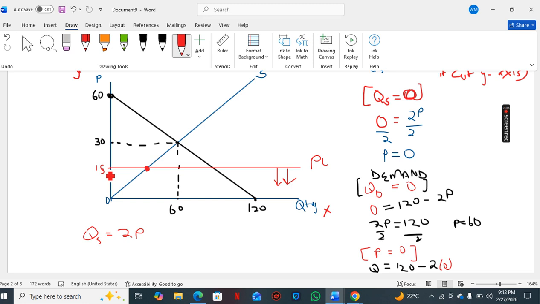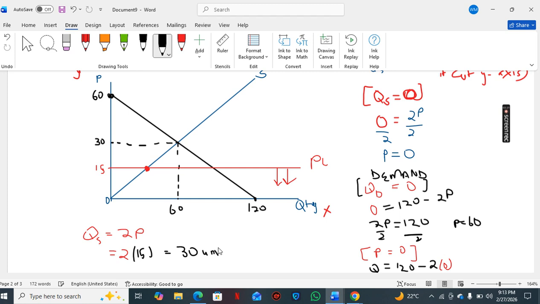So we substitute 15 here: 2 multiplied by 15, that is 30 units.